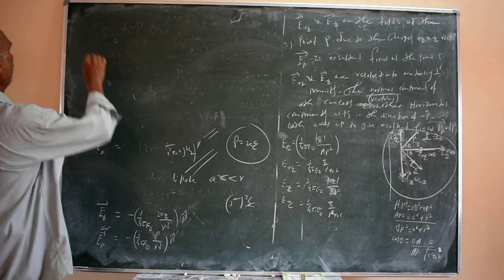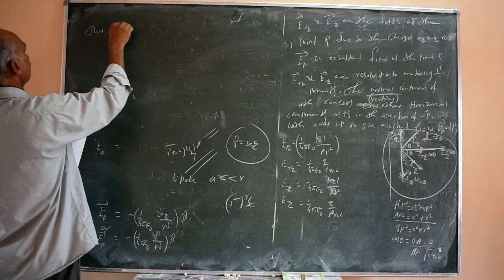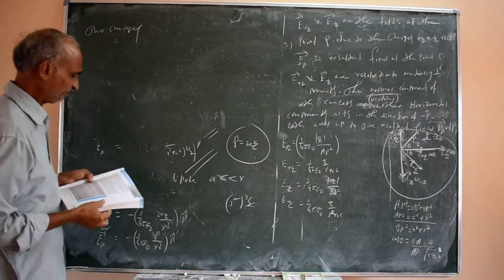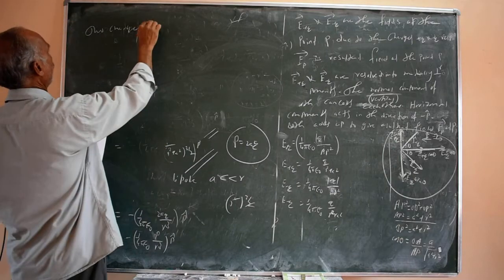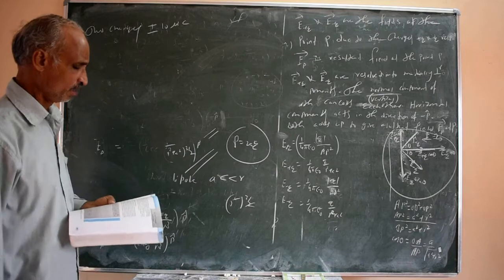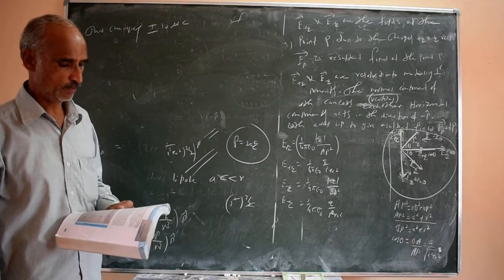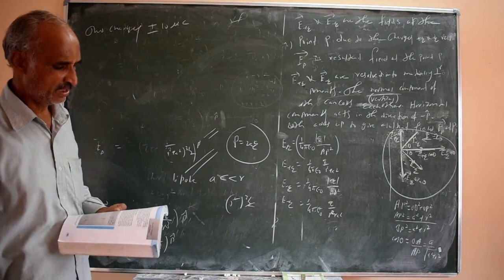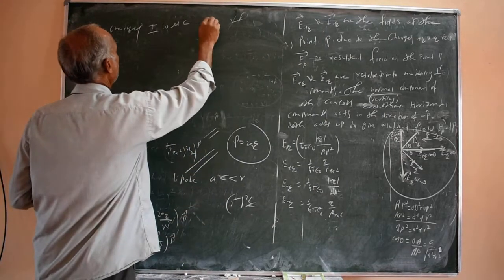Problem: two charges, plus or minus 10 microcoulomb. Microcoulomb is 10 to the power of minus 6. One is plus q and another is minus q, placed 5 millimeter apart.